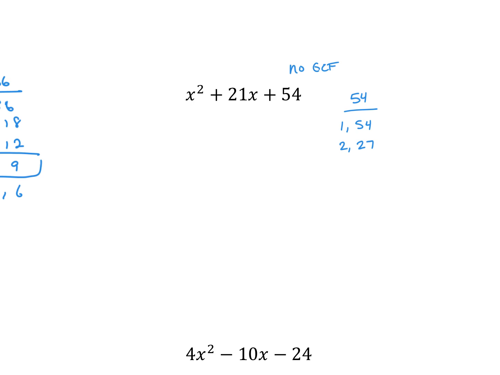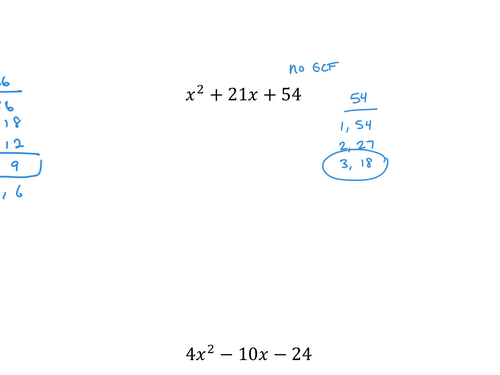We haven't found it yet, but I was just thinking ahead, should we list every single factor pair, or can we stop when we find it? And we can stop when we find it. All right, so continuing our list, 3 and 18 is a factor pair. That does not, oh, yeah, it does. That adds up to 21.